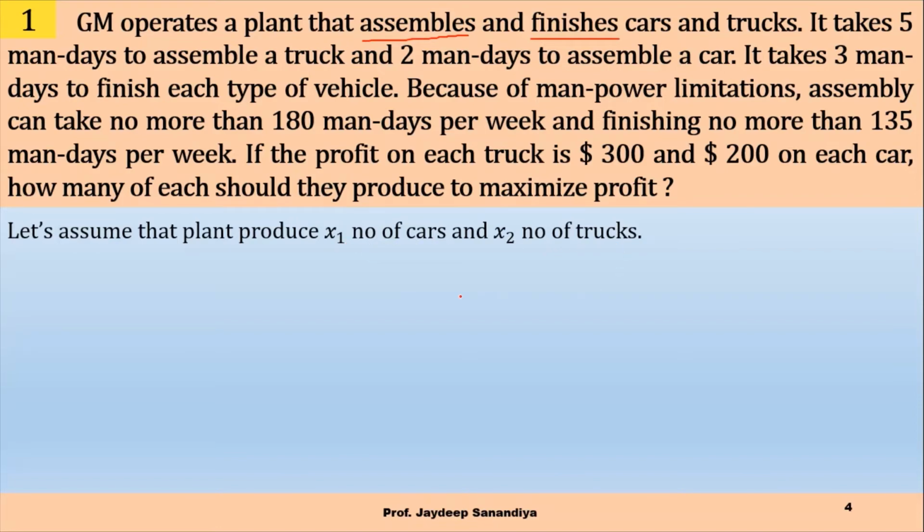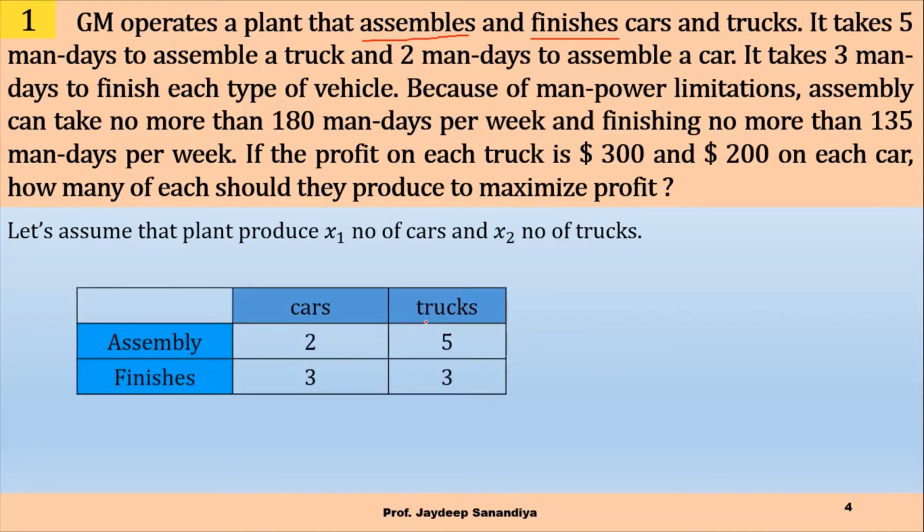To convert it into a tabular form, write down the decision variables in the first row and all the constraints in the first column, this way. Number of cars and number of trucks: write down the decision variables in the first row and the constraints in the first column.